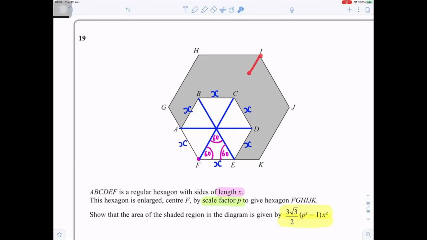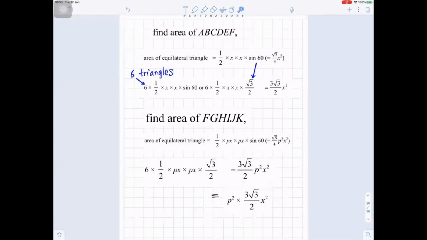You can divide it into triangles, find the area of one triangle and times it by 6 to get it for the 6 of them. Then you factorize the common factor, and that would give you that answer. So you will use the formula half times x times x times sine 60 for the small hexagon, and use the same formula for the big hexagon, but you are changing the x because now it is PX. It has been enlarged.